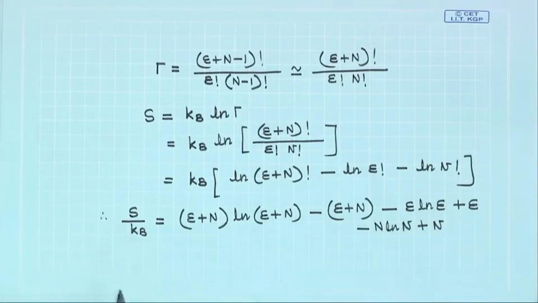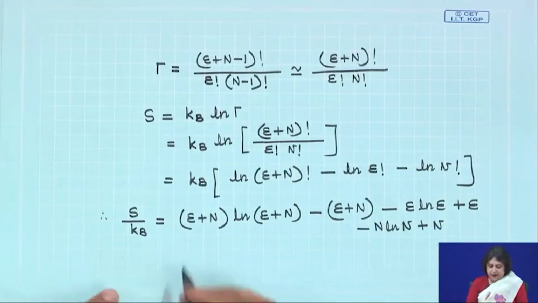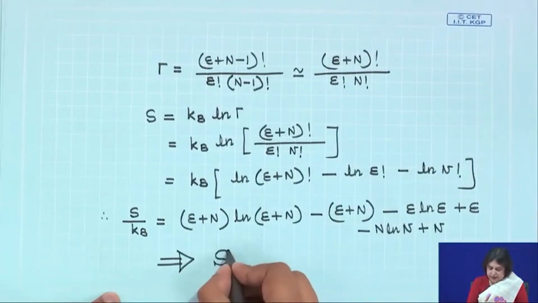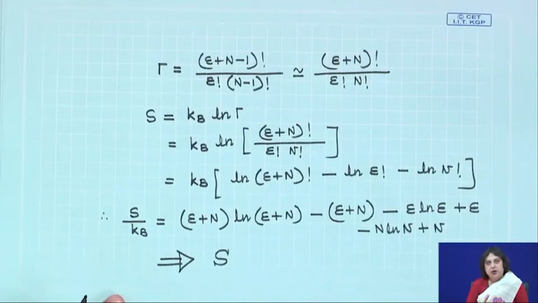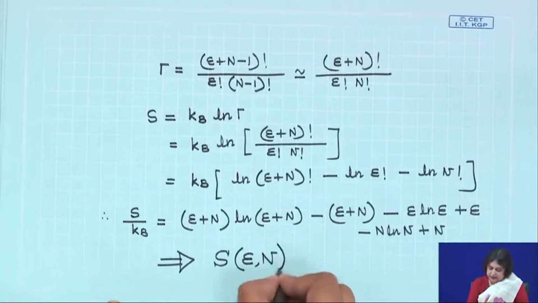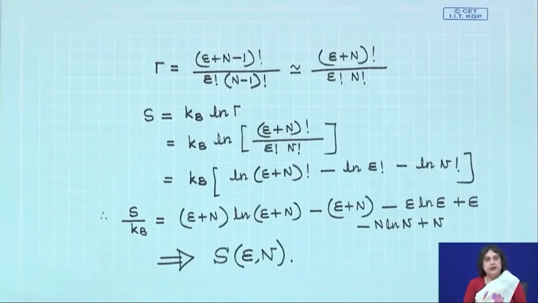And obviously these kinds of algebraic expressions can be simplified, and the net result is going to be that I can obtain an algebraic expression for S in terms of epsilon and n, right. And therefore, this actually is a big leap in the challenge of modeling complex systems where there is a very large number of particles present.